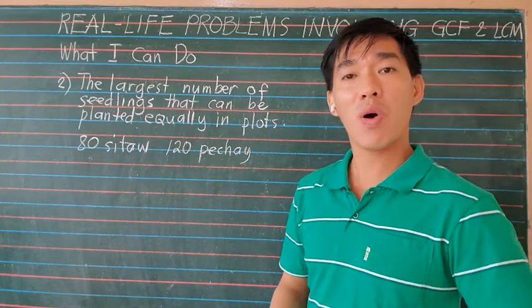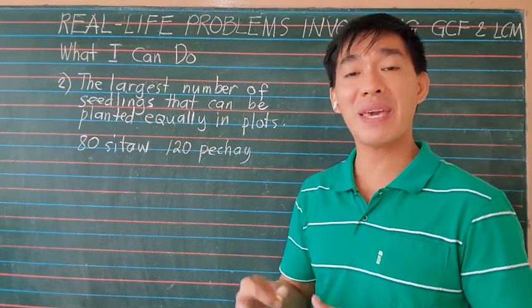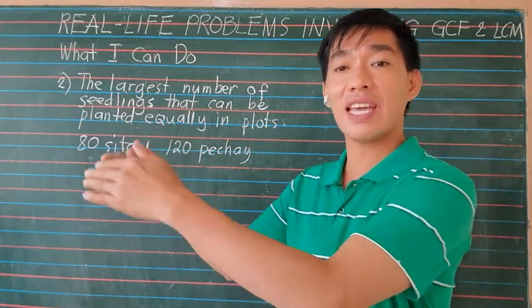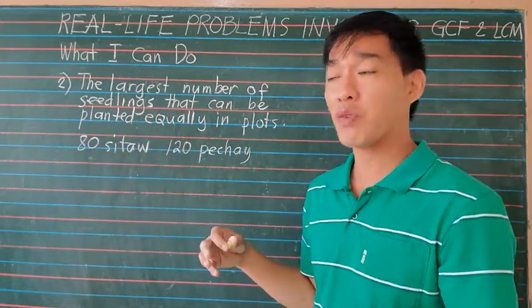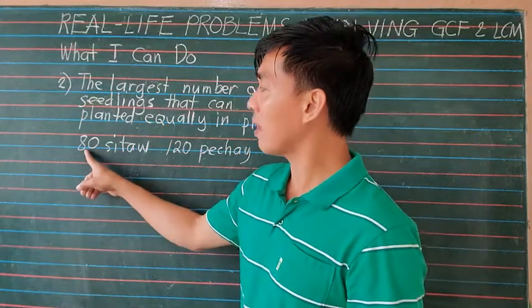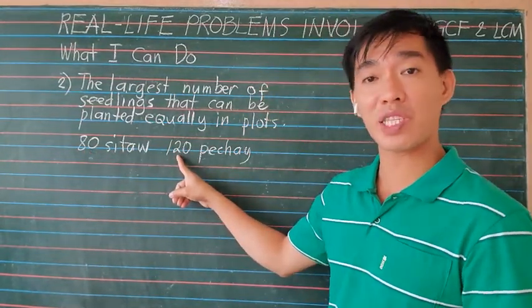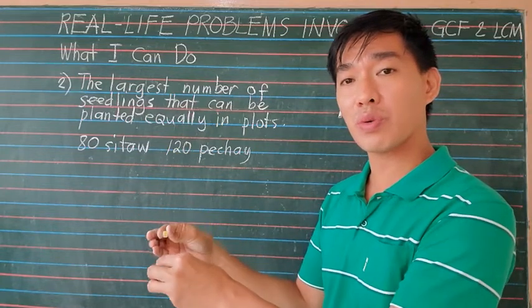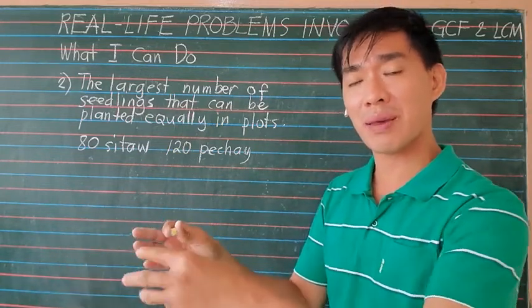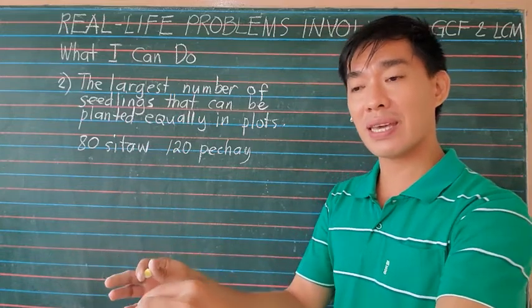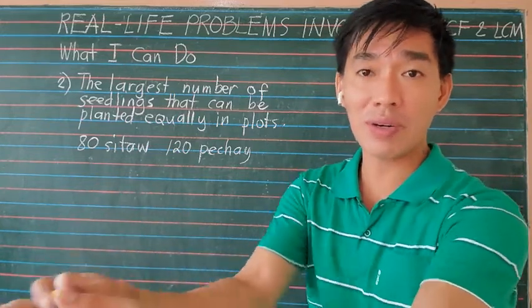Now, you are looking for the biggest number of seedlings that could be planted in each rectangular plot. Of course, what number could we divide 80 and what number could we divide 120 in order for them to segregate them or separate them para hiwa-hiwalayin natin yung pwede nating i-plant sa plot na to.